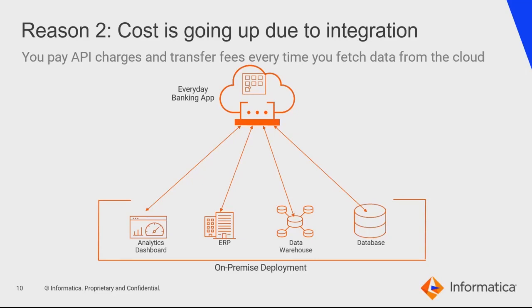Now, typical to any SaaS applications, every time you make a call to these applications, it is basically an API call, and there's a cost associated with it. Now, there are limitations as well on the API calls, it could be daily, it could be monthly, but at the end of the day, what is happening is one set of records or maybe one set of objects which you're trying to pull from your SaaS application gets pulled by 4 different applications.